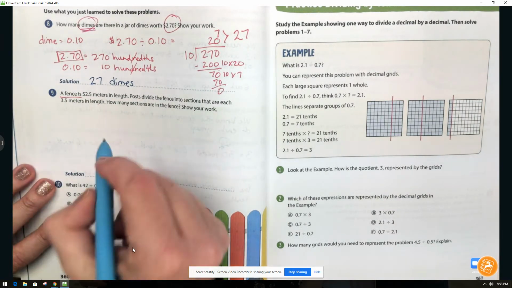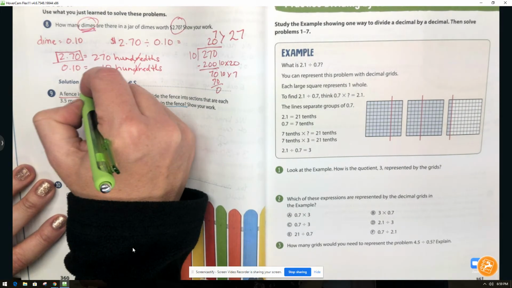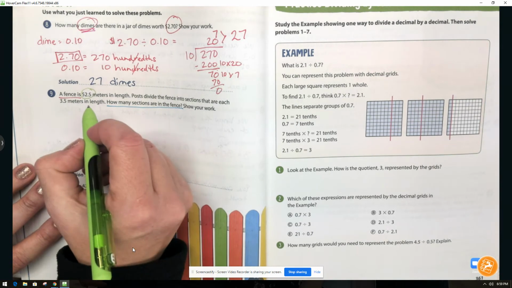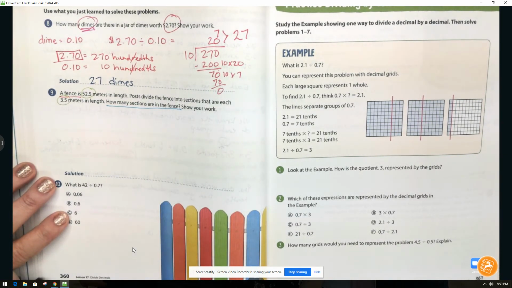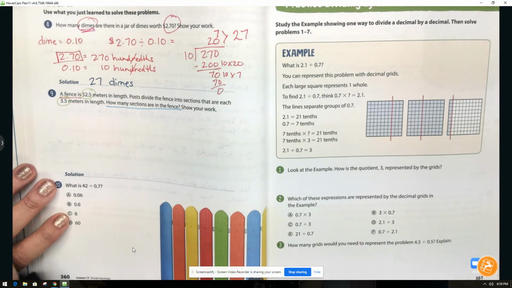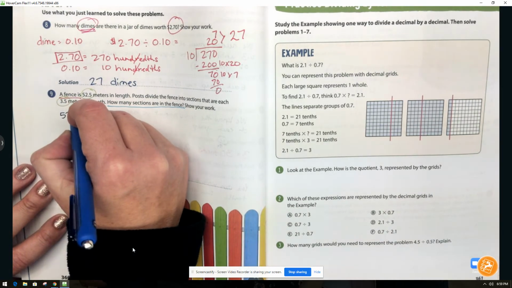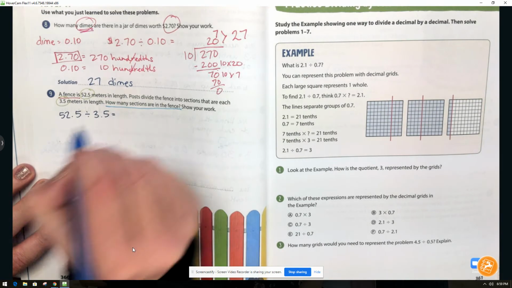We want to know how many sections are in the fence, and we know that the whole fence is 52 5/10 meters long, and we know that the sections are 3.5 meters long. So what is 52 5/10 divided by 3 5/10?